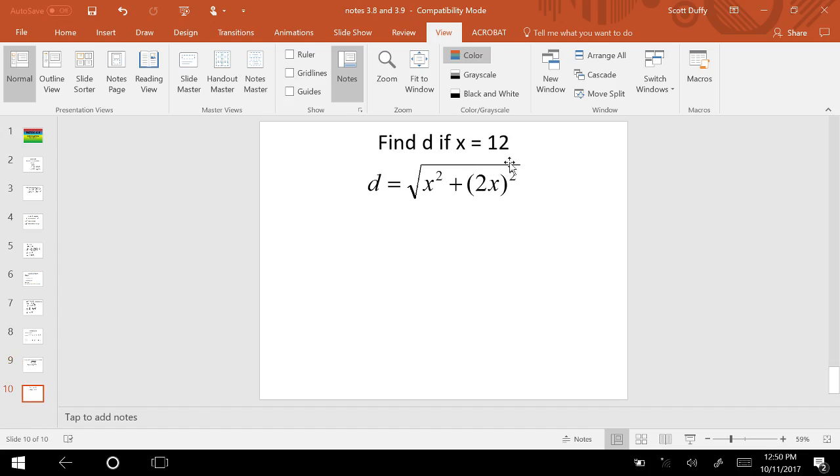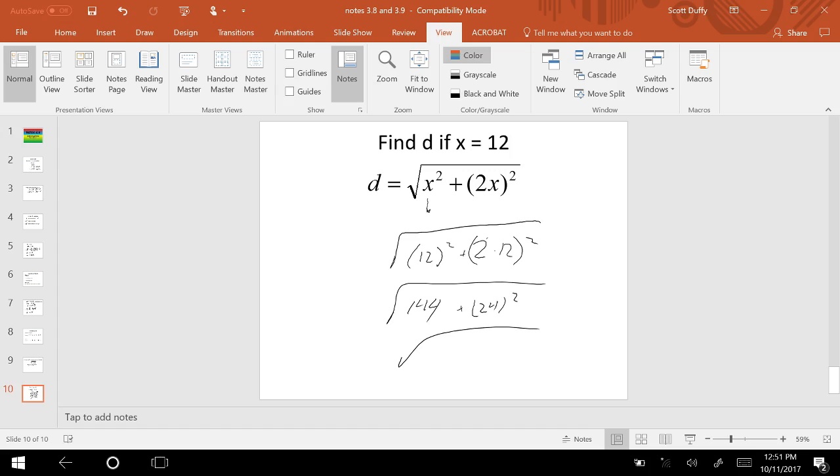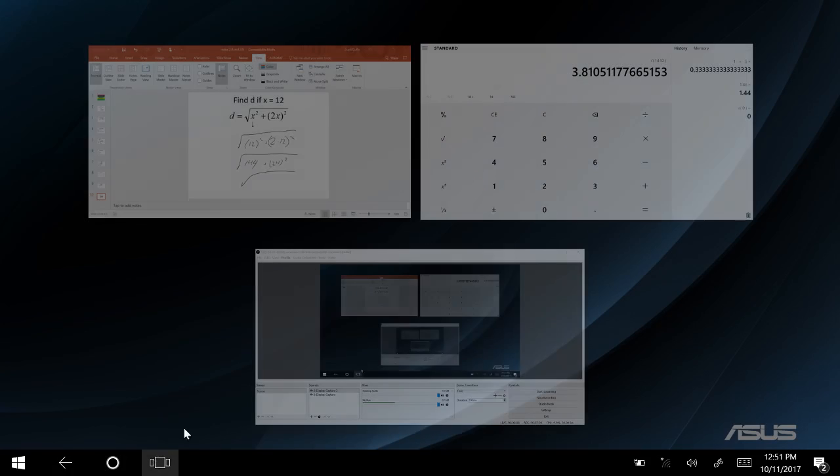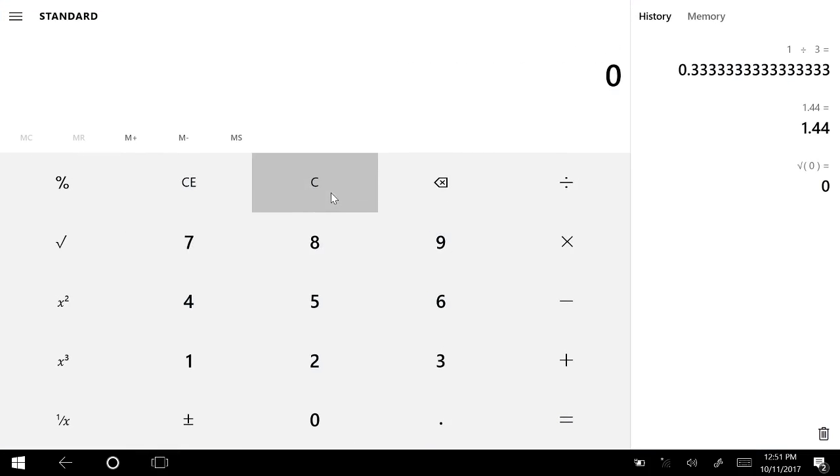Find d if x equals 12. So the distance is equal to this. What we're going to do is plug in 12 for x. We have the square root of 12 squared plus 2 times 12 squared. 12 squared is 144. 2 times 12 is 24, squared is 576.